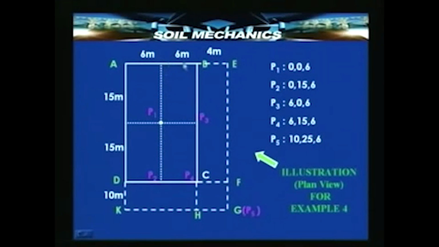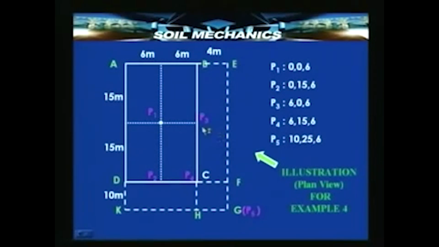Similarly, for this rectangle ending in B here and C here, also P2 lies at one of the corners. Therefore, the influence coefficient for P2 can be obtained by considering this larger rectangle and its mirror image, the other larger rectangle, and by multiplying the influence coefficient by 2 and the load that is coming on the area, we can get the stress at P2.